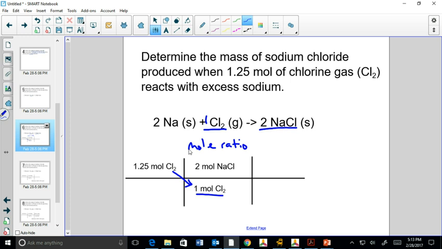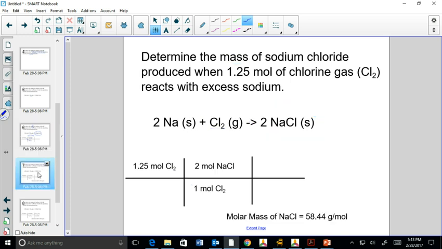My next step, I don't want to end up with moles on the top, I want mass. Mass is in grams. So therefore, I need to find the molar mass of my sodium chloride in order to change my moles of sodium chloride into mass of sodium chloride.